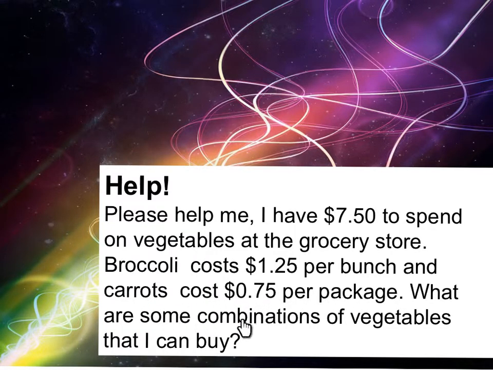What are some combinations of vegetables that I can buy? If you could think of an inequality for this situation, that would be great. If not, I just want you to play with some numbers. Think of some combinations of broccoli and carrots that I can purchase with only the $7.50 that I have at the grocery store. Bring your work to class and we'll discuss this word problem together.